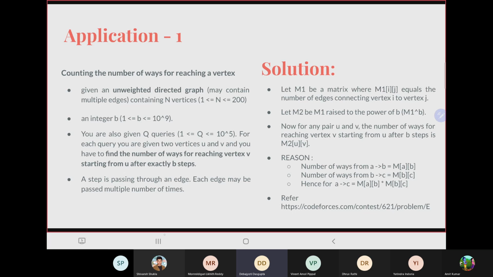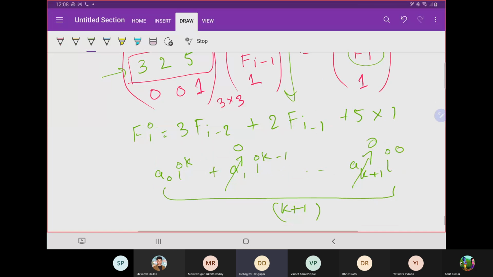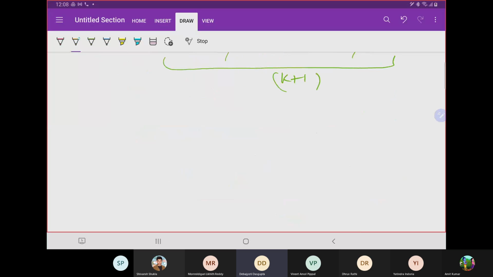Like you are traveling in a city, the cities will be your nodes, city A, city B, and the road connecting them will be an edge. So this entire network of roads can be written as a graph.